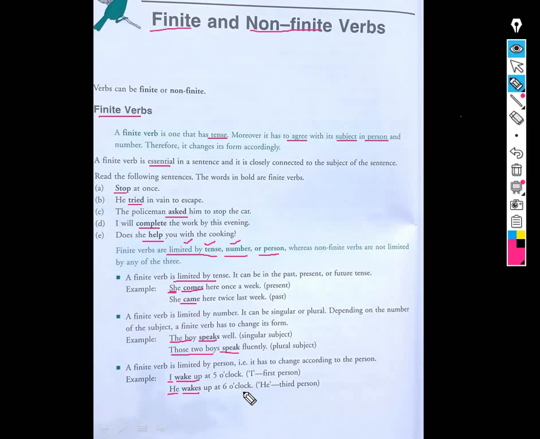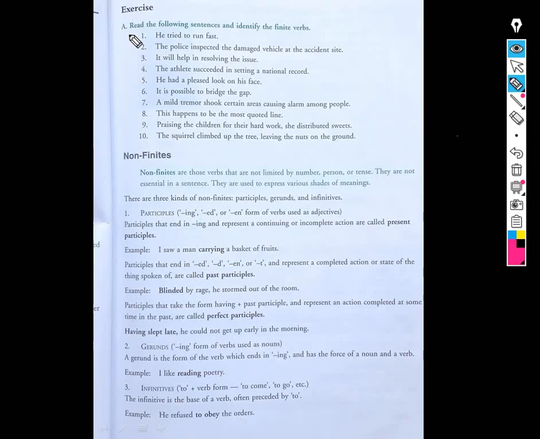All these verbs are finite verbs because these verbs change according to tense. Then they change their form according to the number of subject. They change their form according to the person of subject. Okay, you got it? ये चीज़ें वही पुरानी हैं, but it can be new thing for some students.